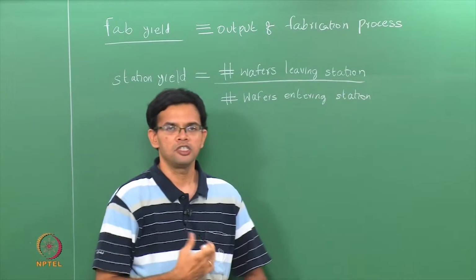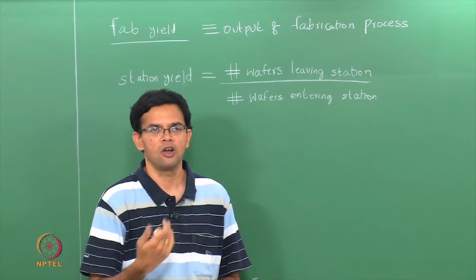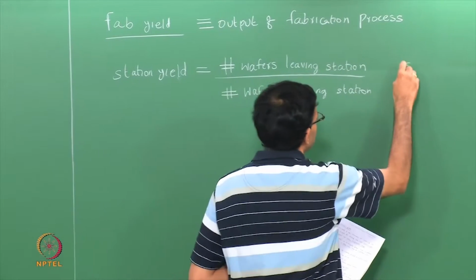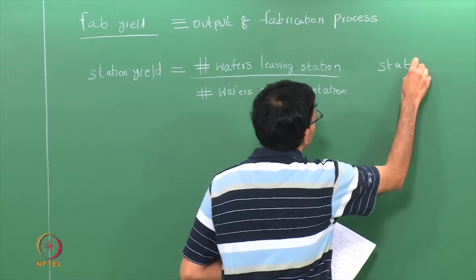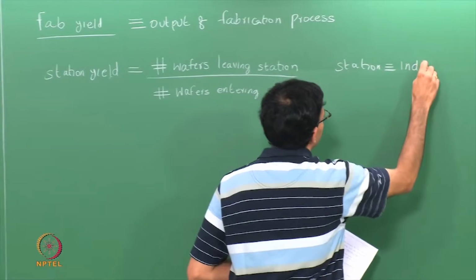And when I talk about station, each and every step in the manufacturing process is called a station. So, station just refers to the individual step in the manufacturing process.